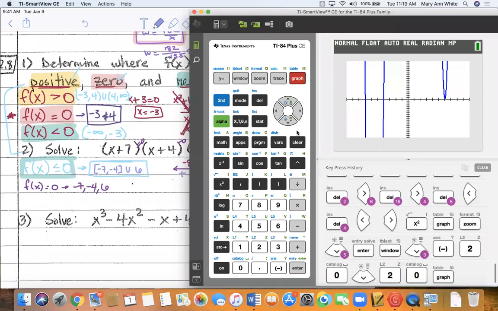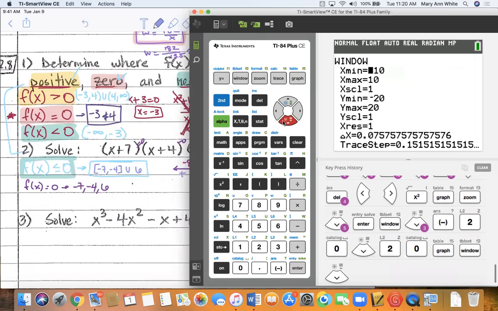What we can see here is I still have my zeros at -7 and at -4 and at 6. I'm changing my mind in my head like three times.